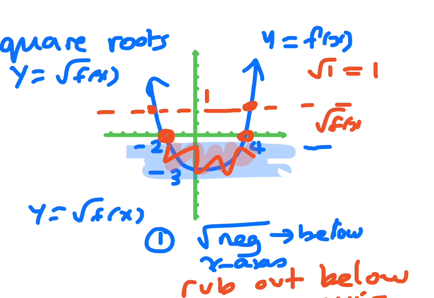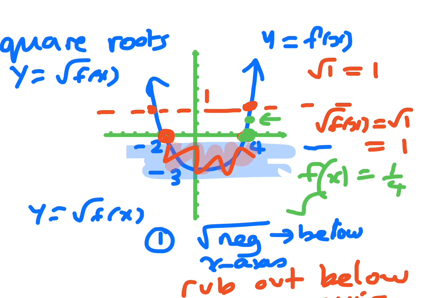So the square root of f of x, if f of x is 1, is 1. So it's the same at 0 and 1. If f of x was a quarter, what's the square root of a quarter? It's a half, so it actually gets bigger. So when you're inside here, it actually gets bigger.